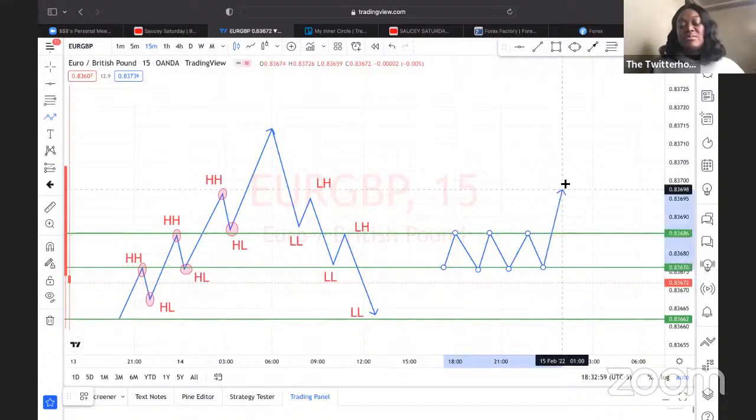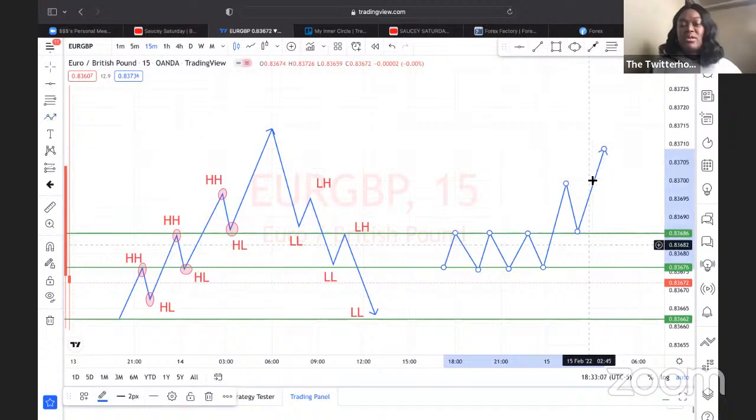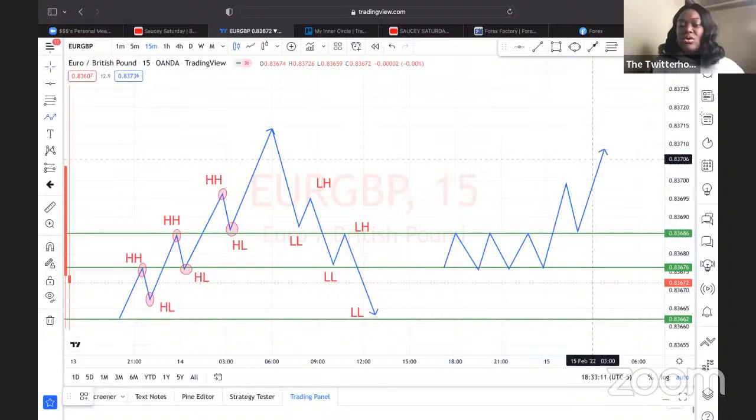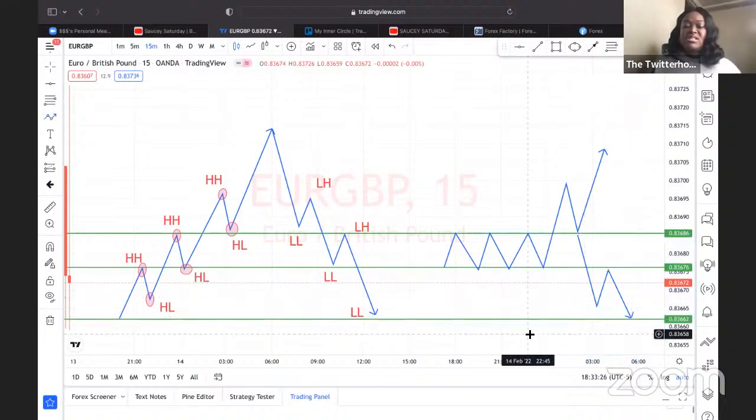We want to wait for it to break out, retest, and continue up. That's what we want to do. It's either going to do that or it's going to break down here, retest, and keep going to the bottom. Either way, we just got to wait and see what it's going to do.